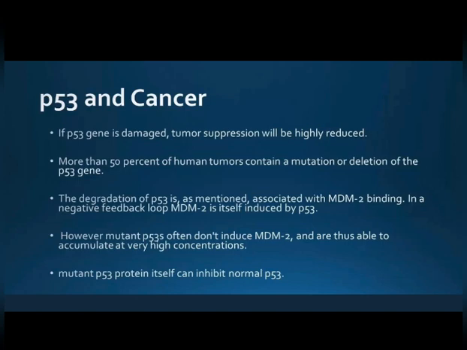In a negative feedback loop, MDM2 is itself induced by p53. However, mutant p53 often doesn't induce MDM2 and is able to accumulate at very high concentrations. Mutant p53 protein itself can inhibit normal p53.